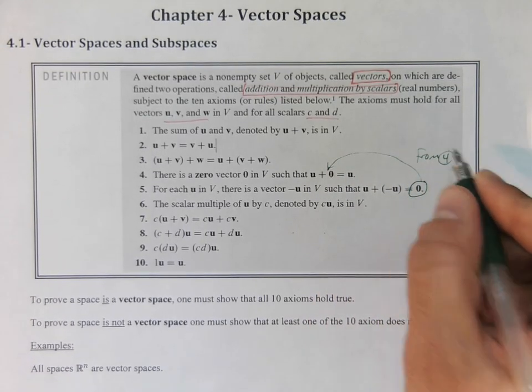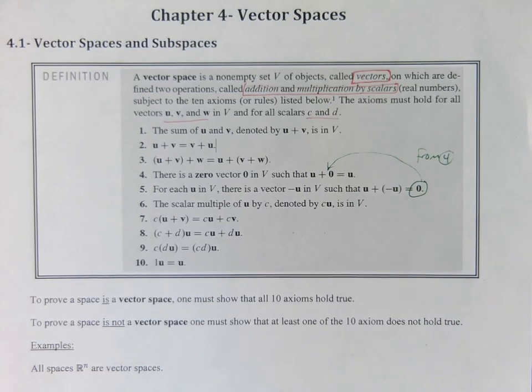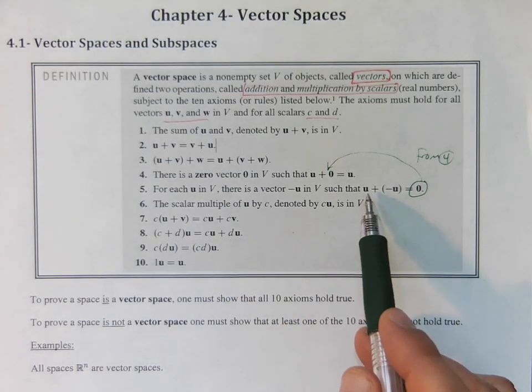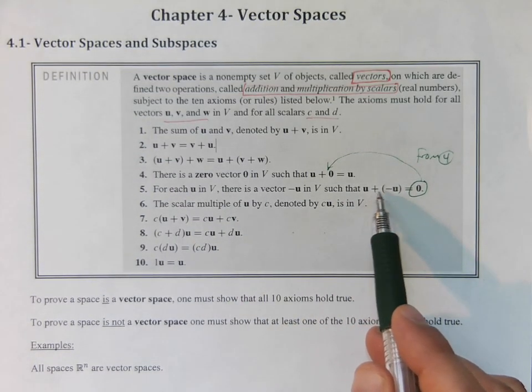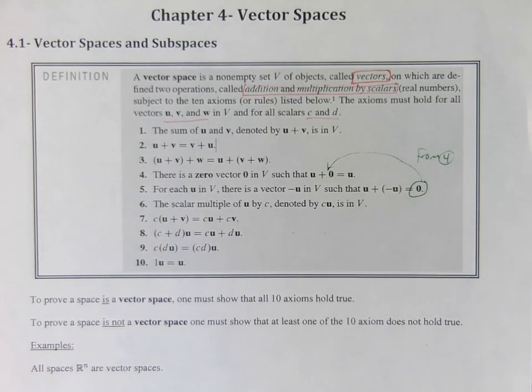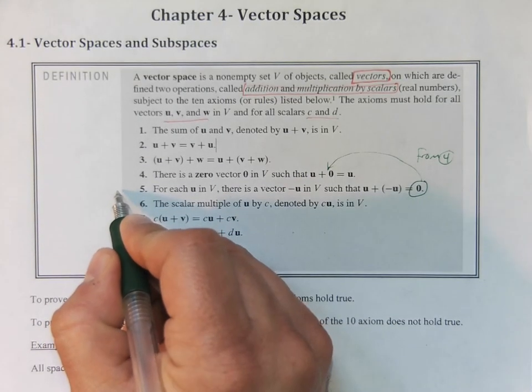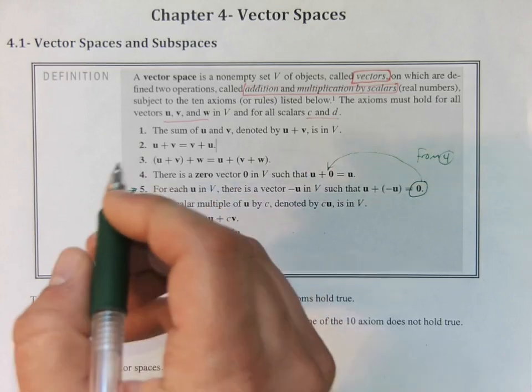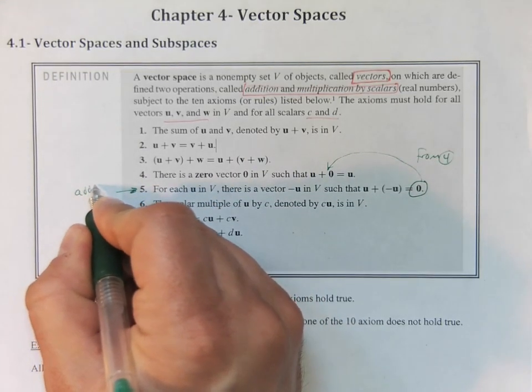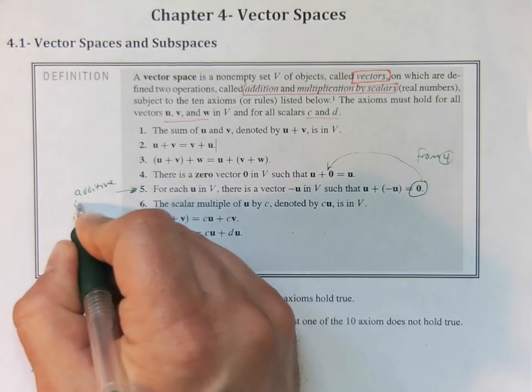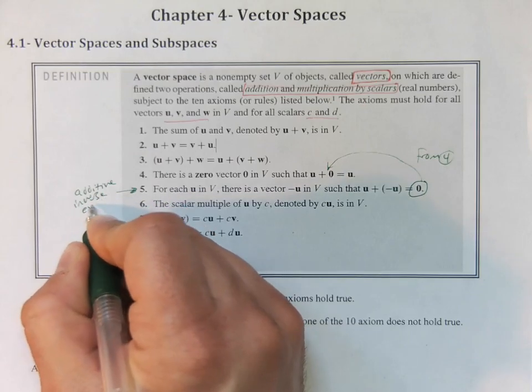So 4 tells us there is a 0 vector, and 5 tells us you can get back to the 0 vector with some other element in the space via addition. Some places call this the additive inverse. It has to exist.